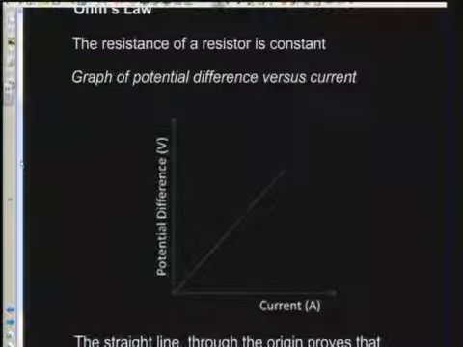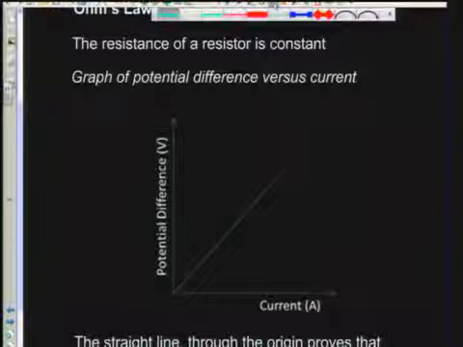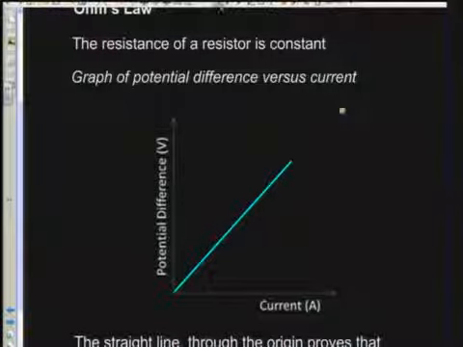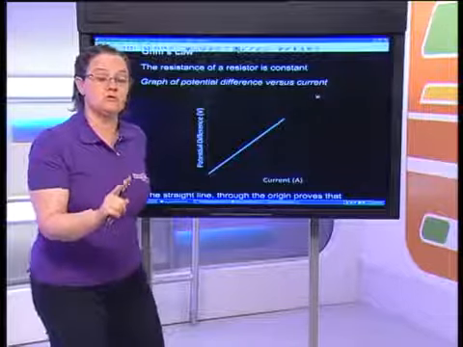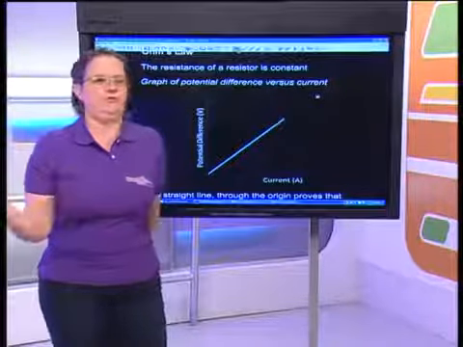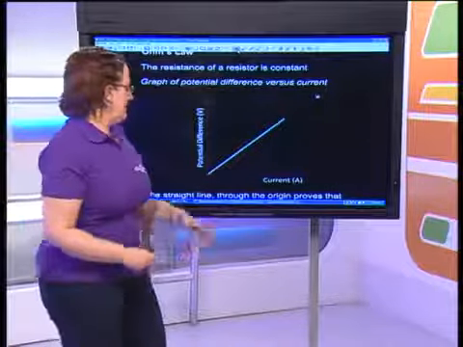If we have to graph potential difference versus current, we get, and I'm not sure you can actually see it, so I'm just going to help it along, we get a straight line, okay? And that straight line must go through 0, must go through the origin when you draw it, because if there's no voltage, there's no energy, there's no current, no resistance. Can't be resistance if nothing's moving.